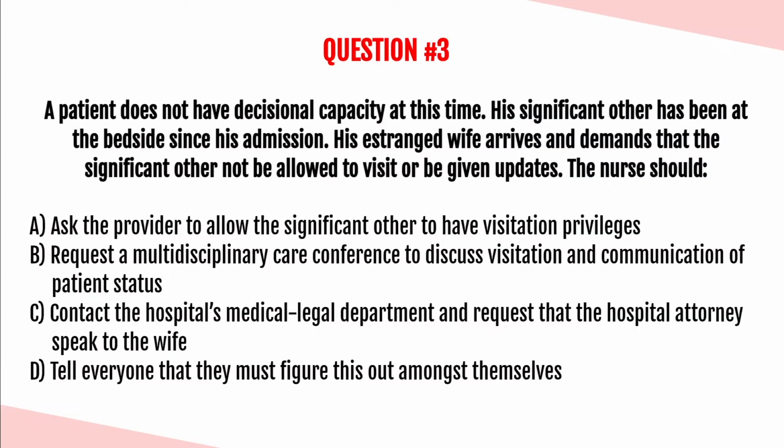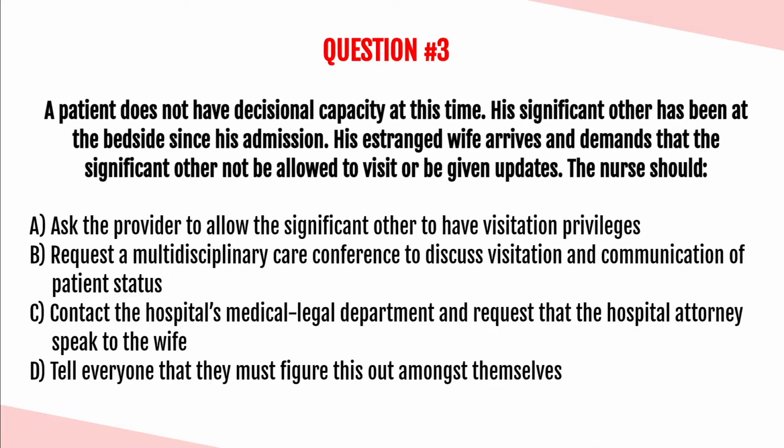Okie dokes. Question number 3. A patient does not have decisional capacity at this time. His significant other has been at the bedside since his admission. His estranged wife arrives and demands that the significant other not be allowed to visit or be given updates. The nurse should: A. Ask the provider to allow the significant other to have visitation privileges.